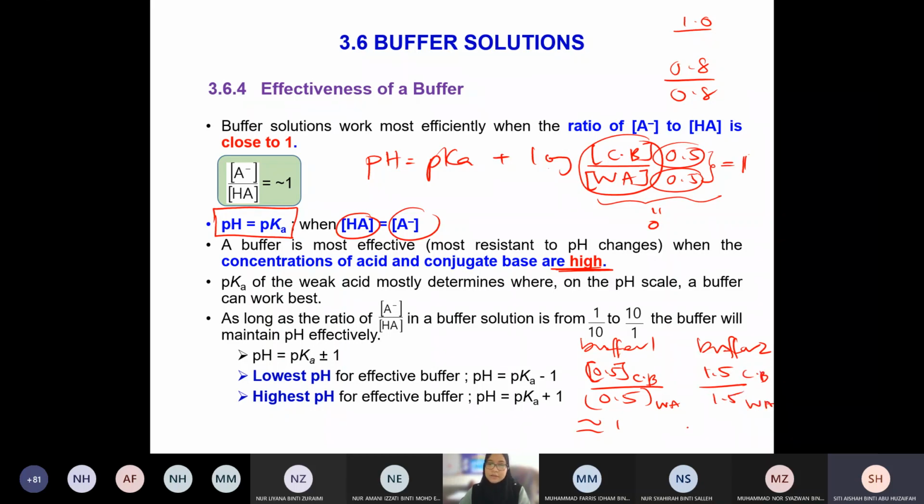The ratio is also 1. But which one is better, guys? Buffer 1 or buffer 2? Buffer 2 is better.